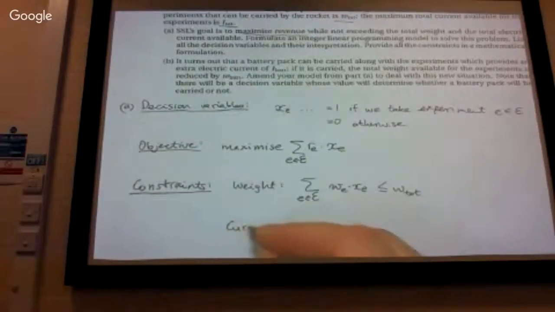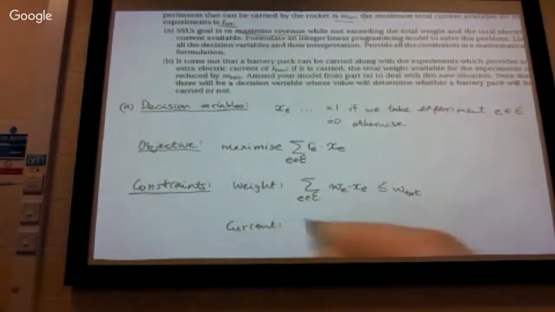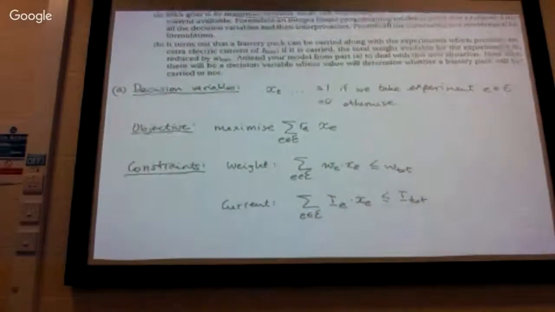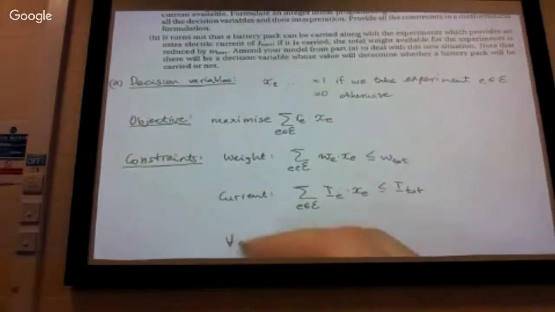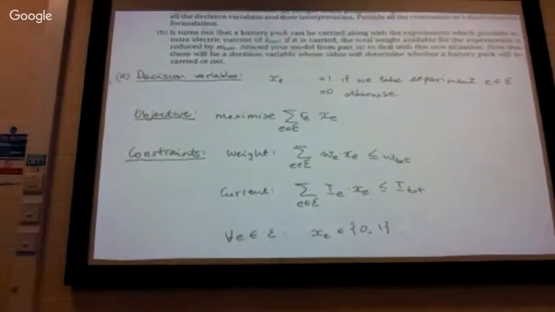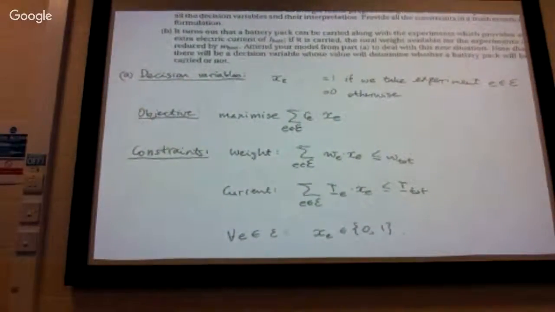For current, it's a similar one. And we want all the variables to be binary, and I guess that's everything.